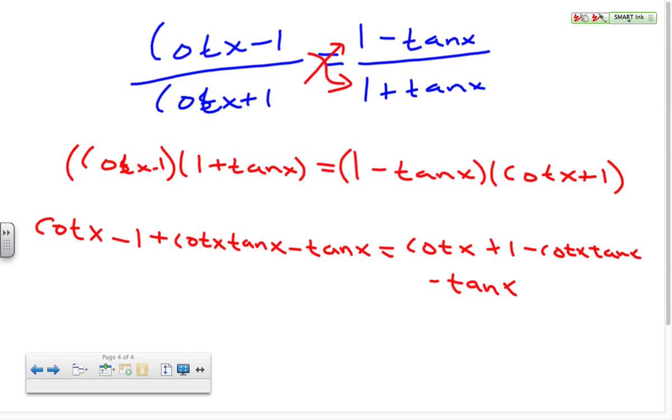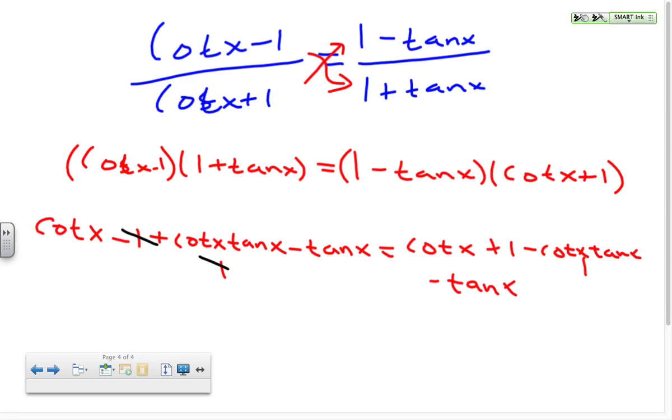Okay. So in here, I'm going to simplify. First of all, cotangent of x tangent x is 1. All right. So you know that because cotangent of x is 1 over tangent of x. When you simplify it, it's 1. Okay, right here, the same thing. That's 1. All right. So we're going to do some crossing out before we just determine that we're done.